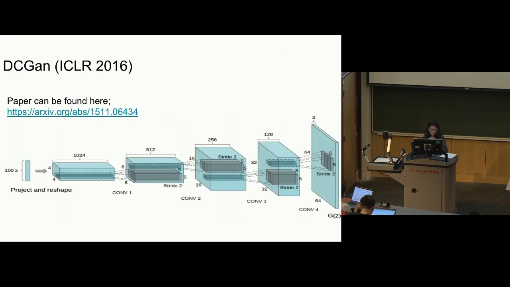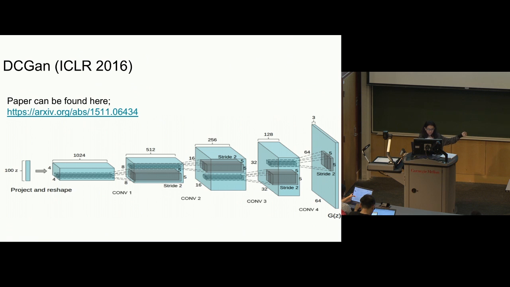The DCGAN was proposed in 2016, in ICLR. I have attached the link of the paper, you can go ahead and look at it. If you are doing the task of face generation, then this might be really helpful because the model is easier to understand than many other models.